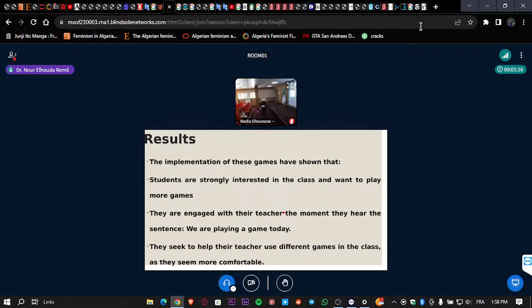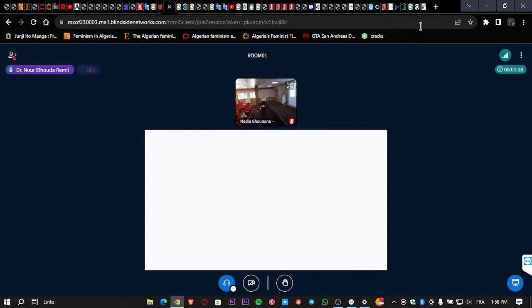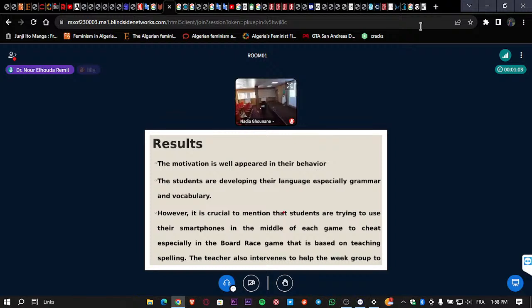They seek to help their teachers use different games in the classroom. Sometimes when we only give content, students really feel bored, and sometimes they lose concentration in the middle. So the students are developing language skills, especially grammar and vocabulary and even speaking skills.